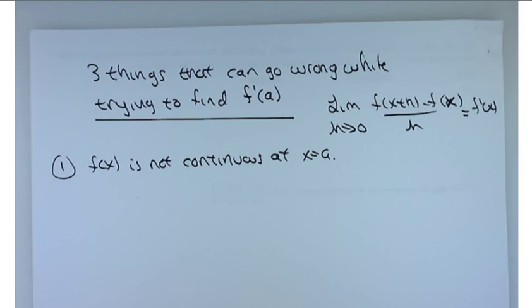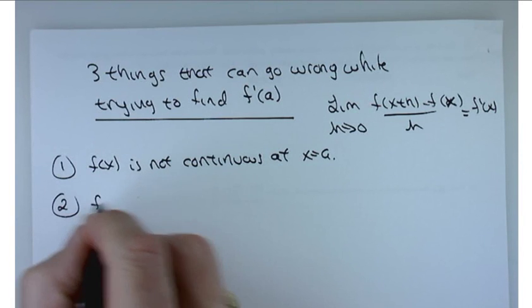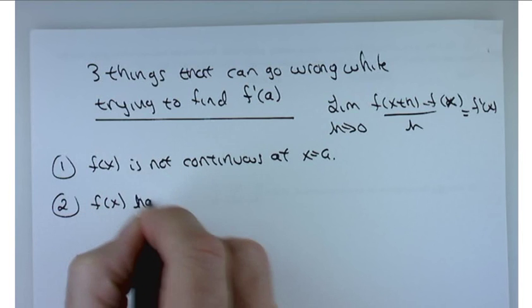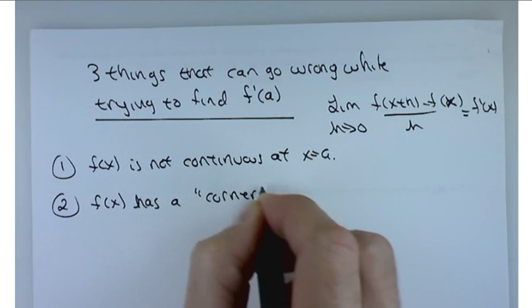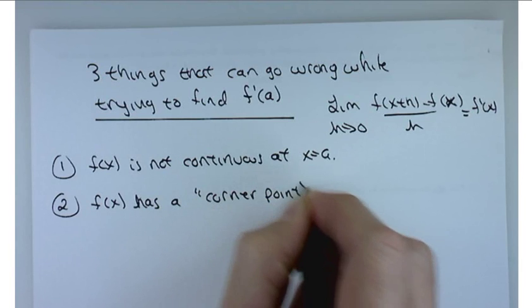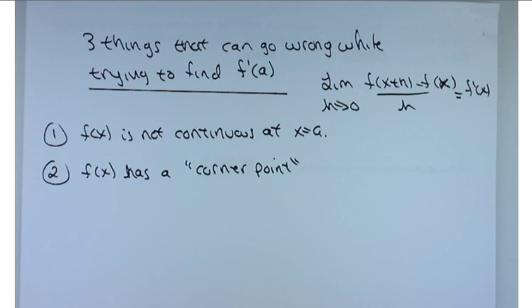So that's one thing that can go wrong. What else can go wrong? Well, f of x has a corner point. And here I'm being a little bit informal with you. A corner point is just a point on the graph that is sharp. It's the vertex of the absolute value. It's not the vertex of y equals x squared. That's nice and smooth.